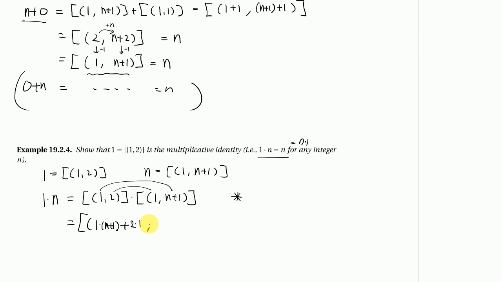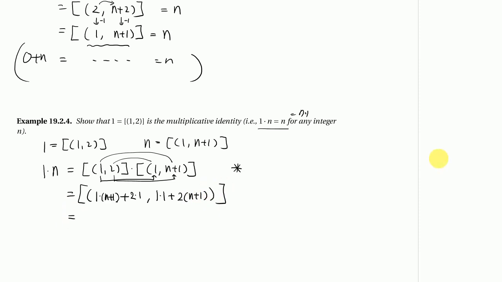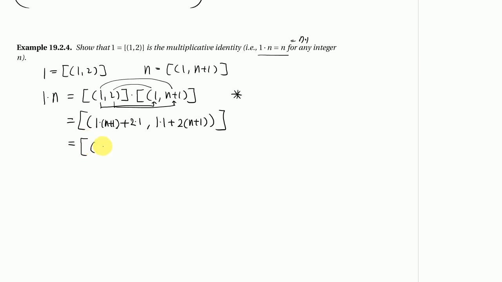And for the y coordinate it's coordinate-wise, so 1 times 1 plus 2 times n plus 1. So when we simplify it, it's n plus 1 plus 2, and 1 plus 2n plus 2, which is n plus 3 and 2n plus 3, right?